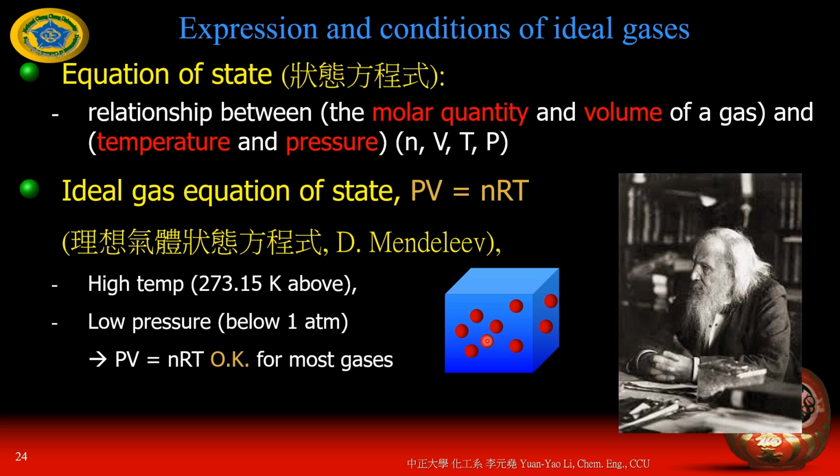In order to apply the ideal gas equation of state, you need to think of 2 conditions. First, high temperature, more than 273.15 Kelvin. Second, low pressure, less than 1 atm, 1 atmosphere. In this case, the ideal gas equation of state is okay for most gases.